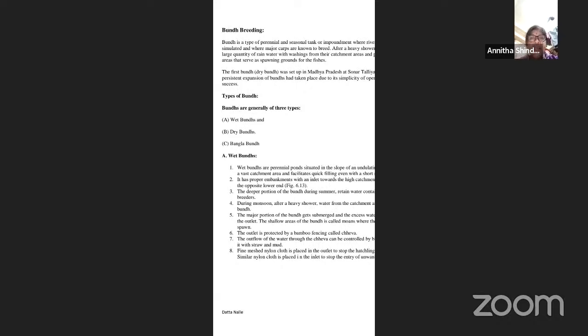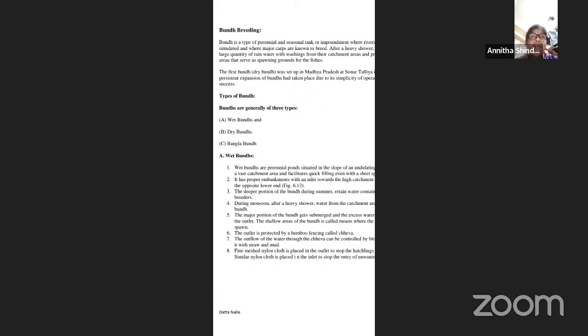Now, during the monsoon period, after a heavy shower, water from the catchment area rushes into the bund. Usually during the monsoon season you have heavy rainflow, so the water from the catchment area rushes into the bund.